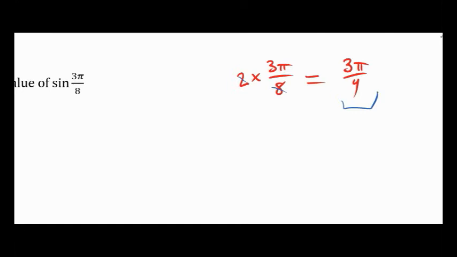So if this is my theta, theta is 3 pi by 8, 2 theta is 3 pi by 4. Does that make sense? If theta is 3 pi by 8, 2 times theta is 3 pi by 4.